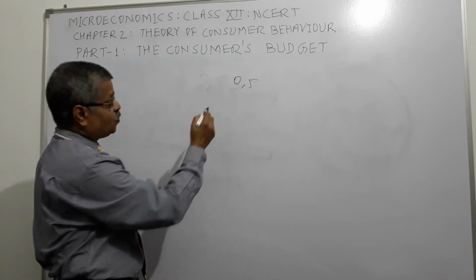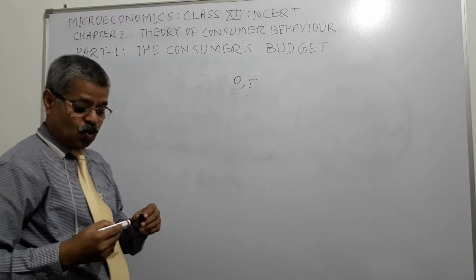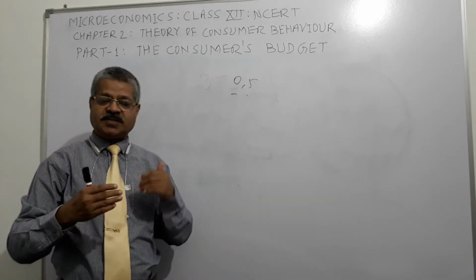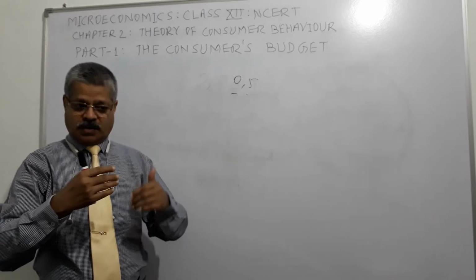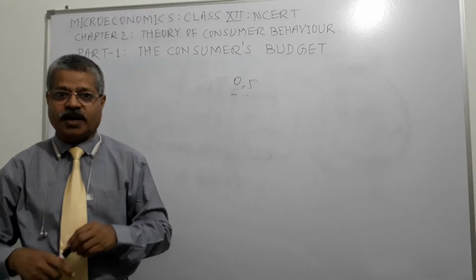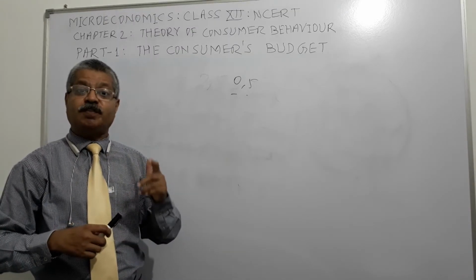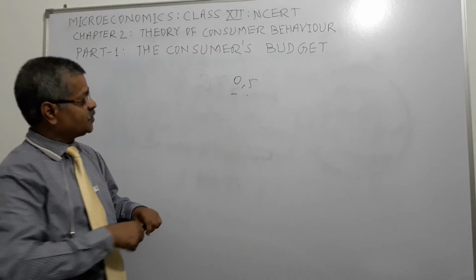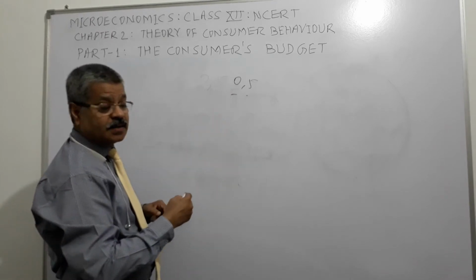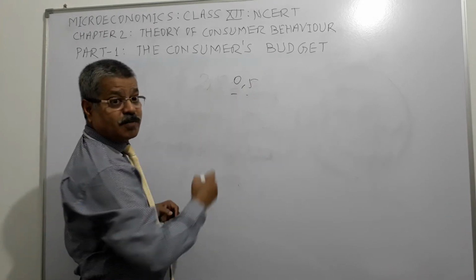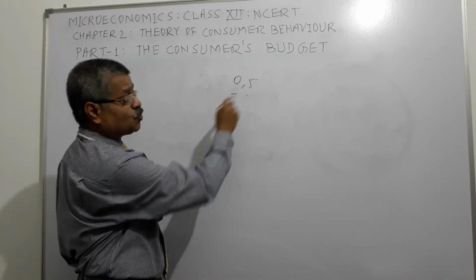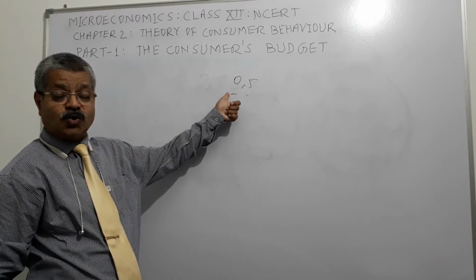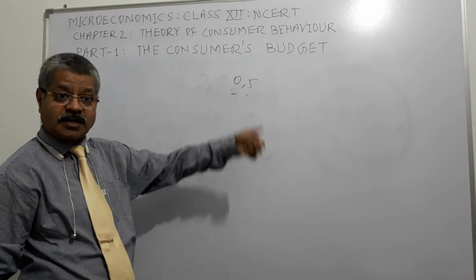It will depend upon the price of good 1 and the price of good 2. Suppose the price of good 1 is very high, so my bundle may consist of more of good 2. Suppose the price of good 2 is very high, so my bundle may consist of more units of good 1 rather than good 2.